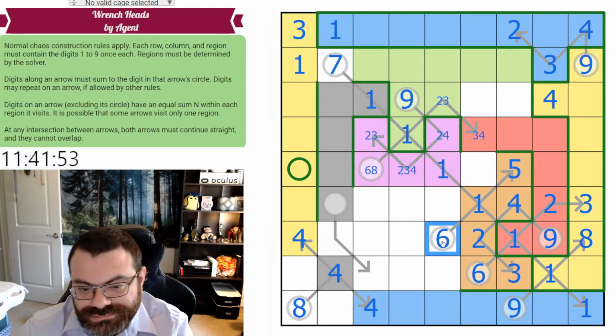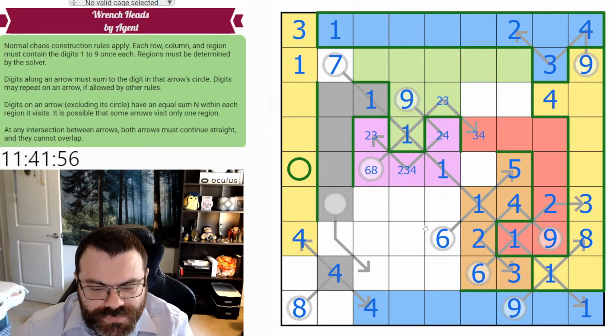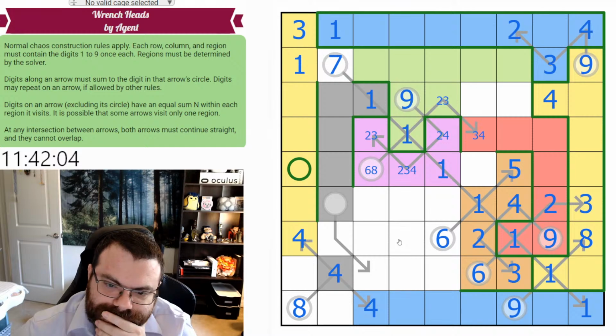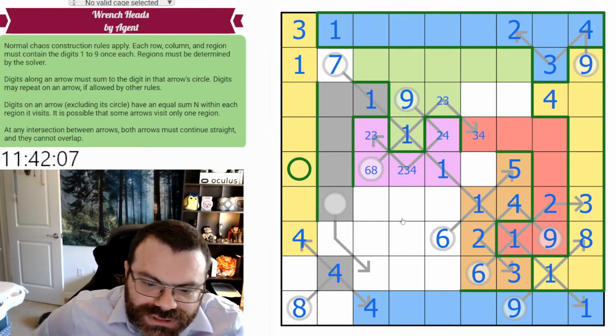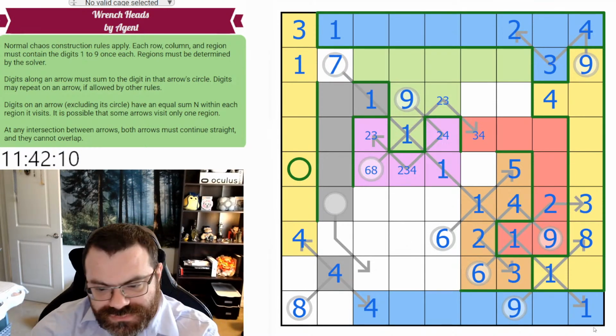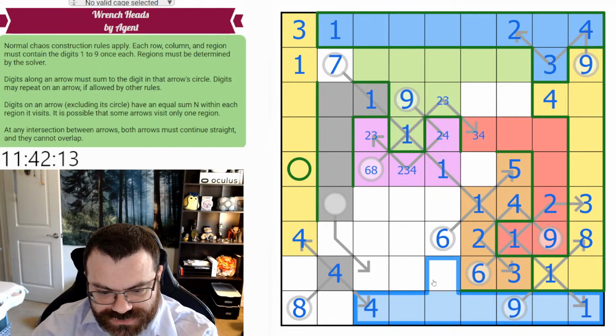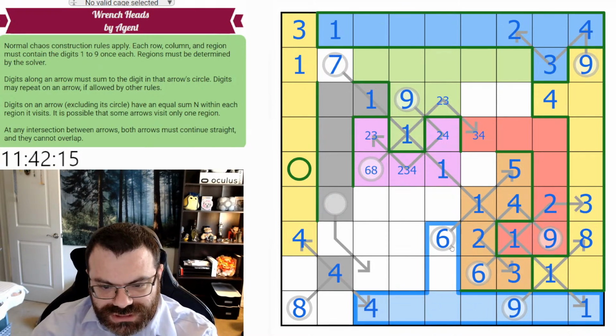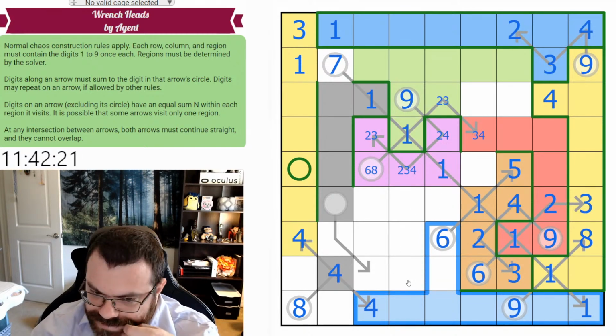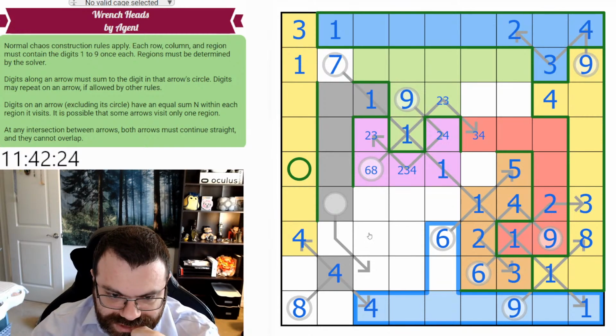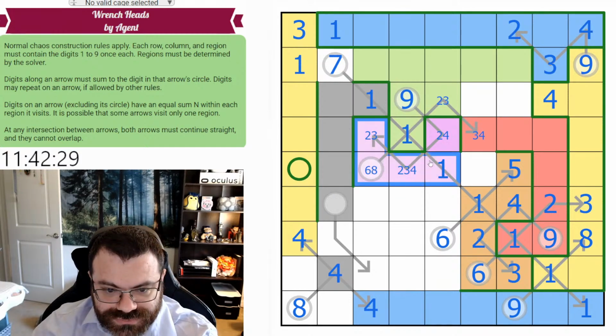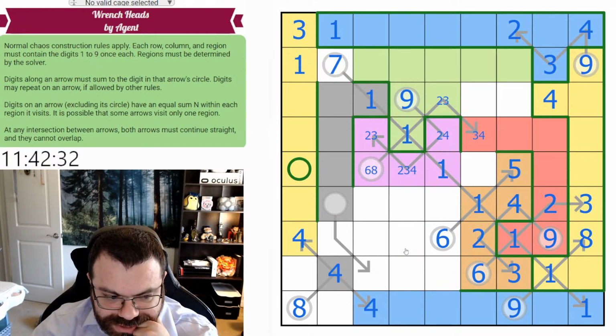So it's not orange. Who takes it? I think blue is a prime candidate. 1, 2, 3, 4, 5, 6, 7, 8, 9. If blue took it, it would have to do that. Orange would come out. Purple would come down. Who else could take it? Purple? Purple could take it pretty easily.